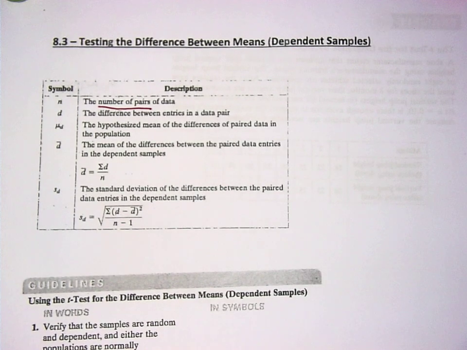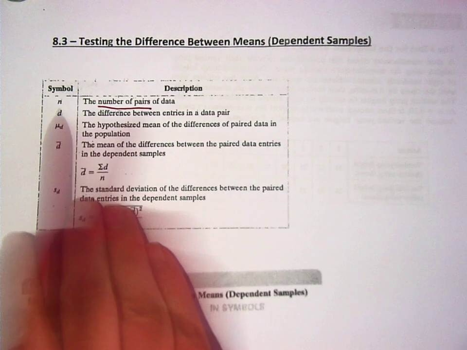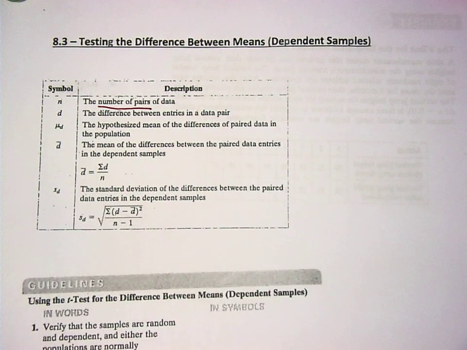This point is connected to that one. D is the difference between each entry in a pair. So you have many differences. For example, with this weight loss drug, this person lost 6 pounds, so their difference is -6. This person's -10, this person's -20, this person's plus 10. They gained 10 pounds on this drug, or whatever.